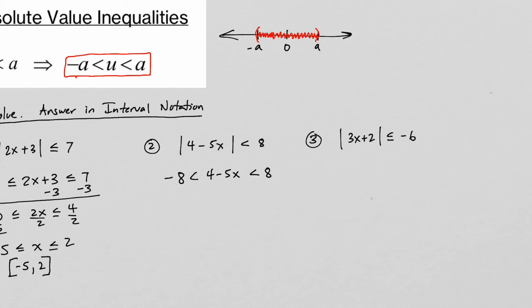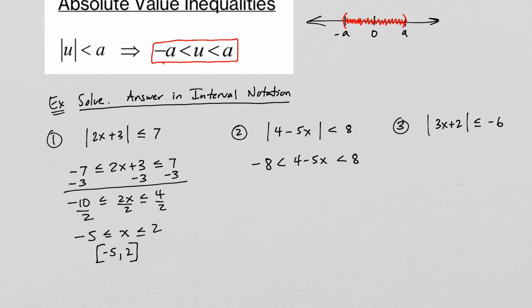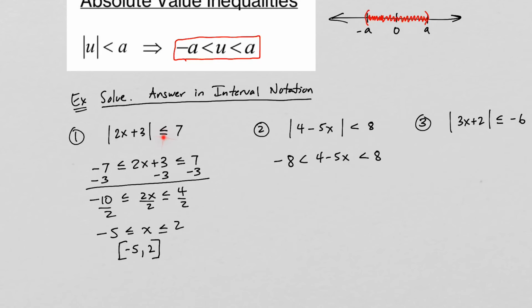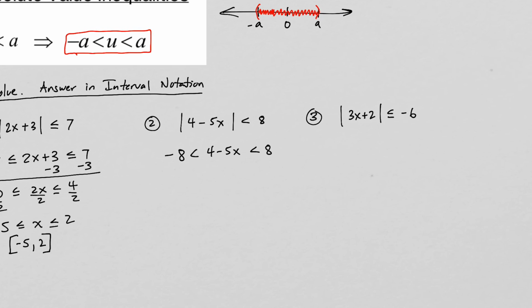And by the way, if your less than symbol has no equal sign, then you put no equal sign here. In the previous example, we had an equal sign, and so we carry that down below. So whether it has an equal sign or not, you pretty much set it up the same way. Now, to solve this for x, I'm going to take away 4.